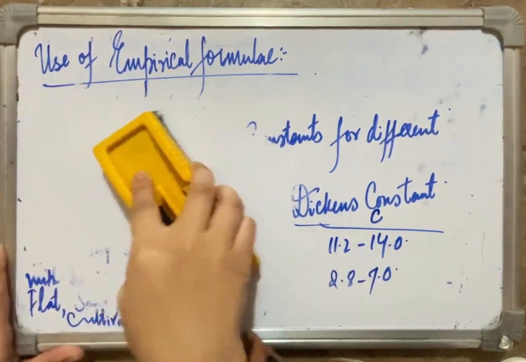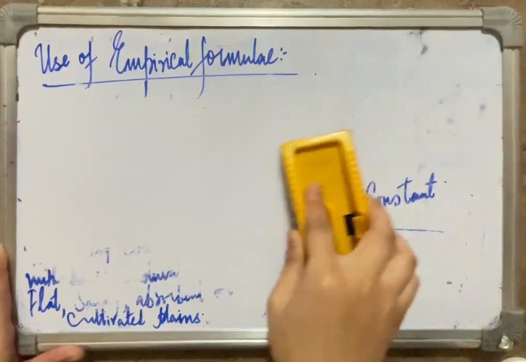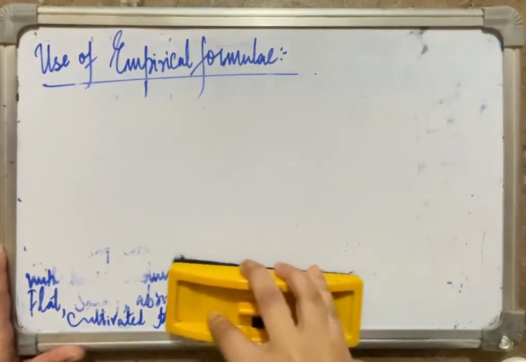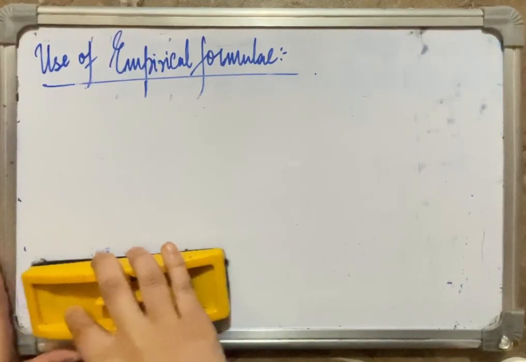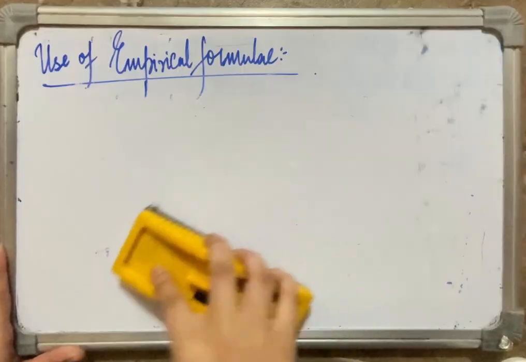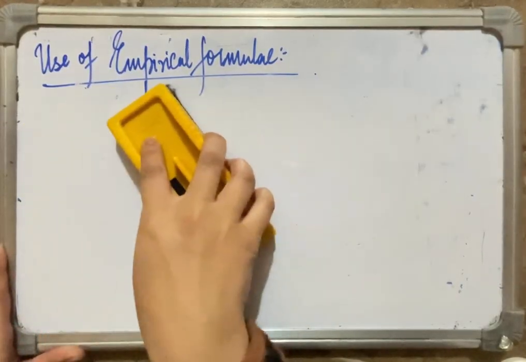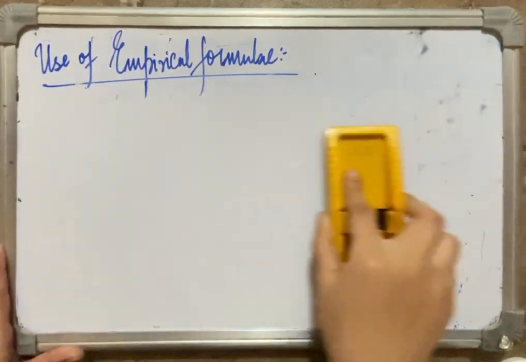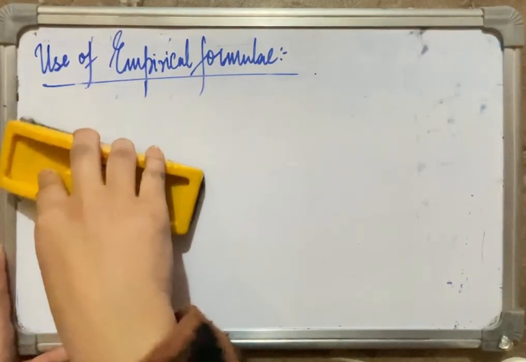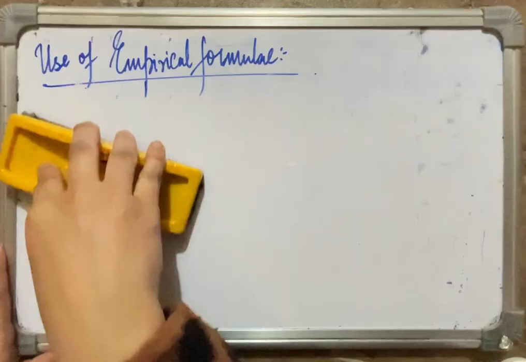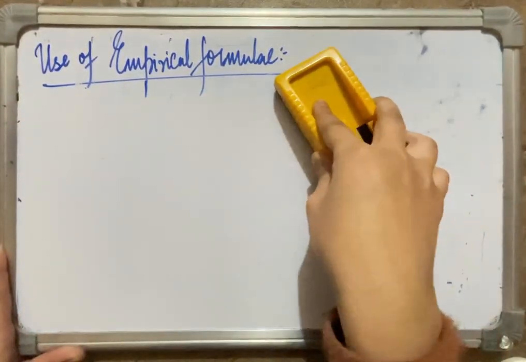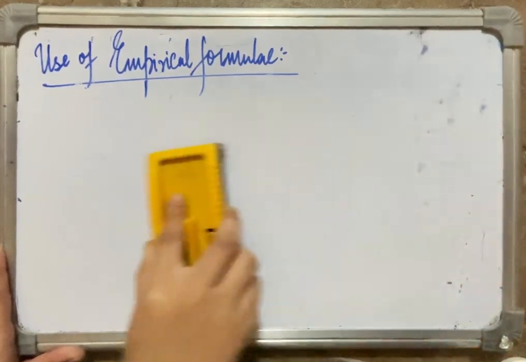Initially, this was only applicable to central and north India, but recently, to make it applicable to different parts of India, certain constants for different types of watersheds have been suggested that we tabulated here. And this formula predicts the maximum flood discharge of rivers. All right, so this was about the Dickens formula.